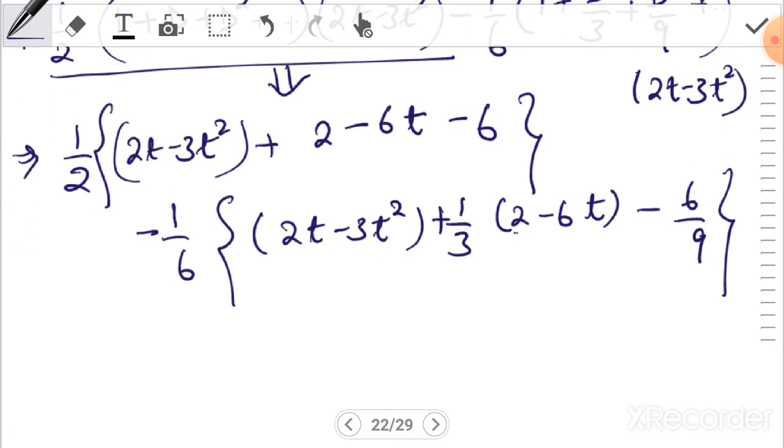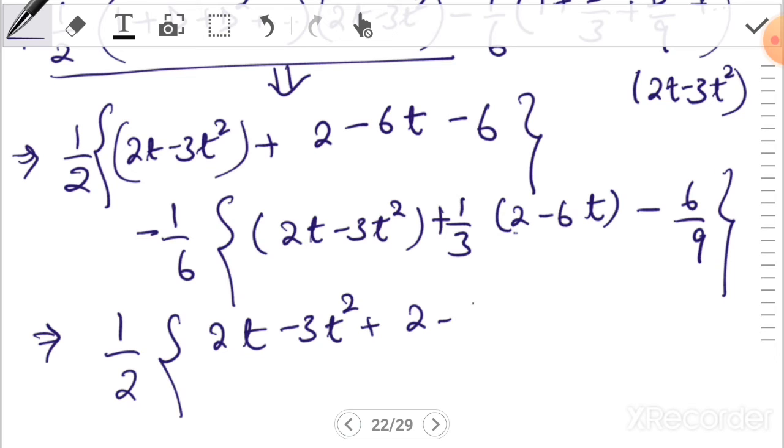Now simplify. 1 by 2 (2t minus 3t square plus 2 minus 6t minus 6). So this is minus 4t, and 2 minus 6 is minus 4. Right?